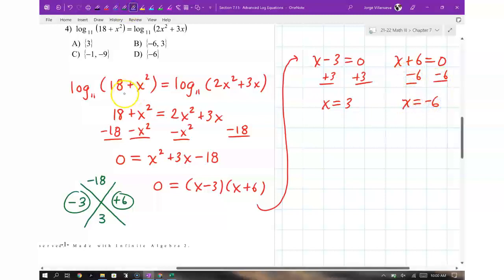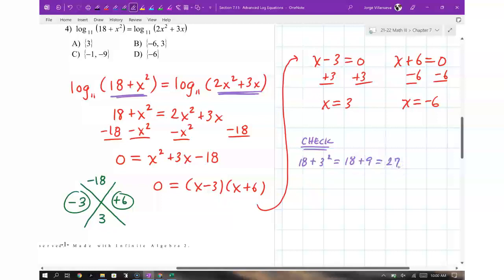But remember, I got to check them right here and right there, right inside the 18 plus x squared and the 2x squared plus 3x. I got to check them out. So let's make sure they work. Okay? So check. We're going to start off with the 3. 18 plus 3 squared, that's 18 plus 9.